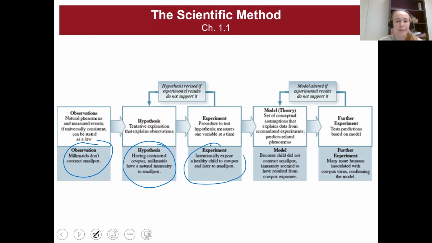And then an experiment, which is not really ethical, which may not be allowed in today's society, is intentionally exposing a healthy child to cowpox and then to smallpox to see if they contract smallpox. Because the child did not contract smallpox, the immunity to smallpox seems to be a result of exposure to cowpox. So that is their theory.